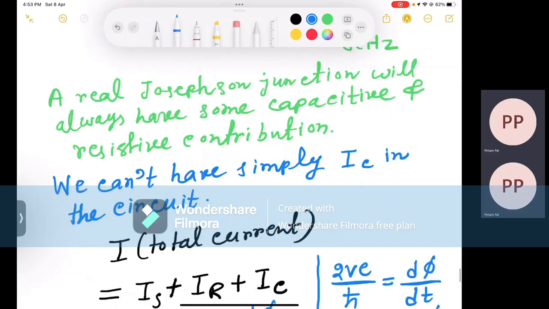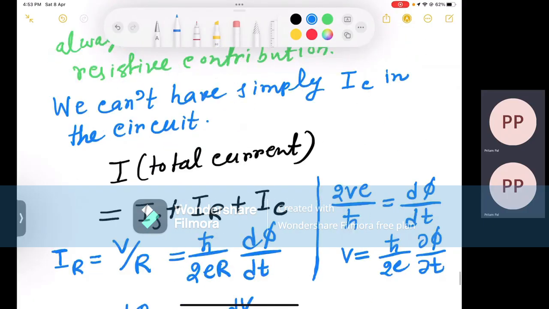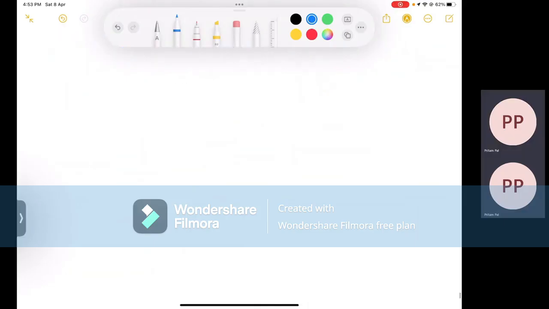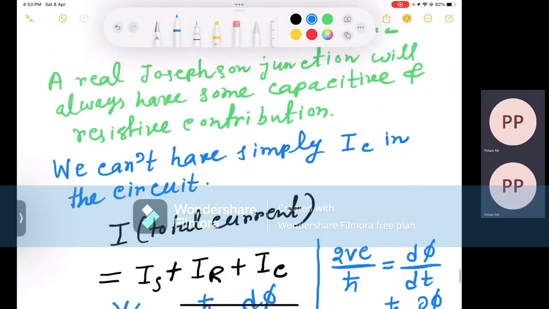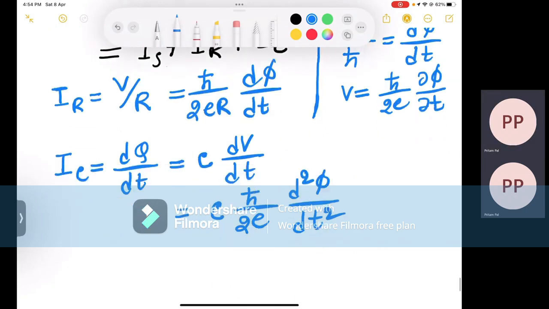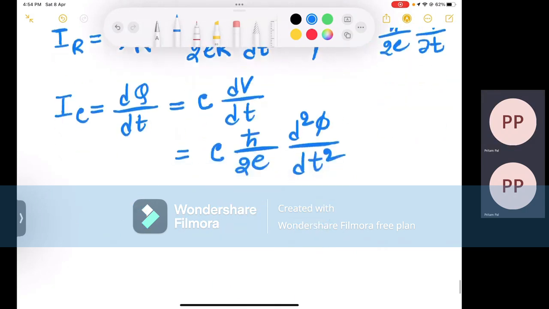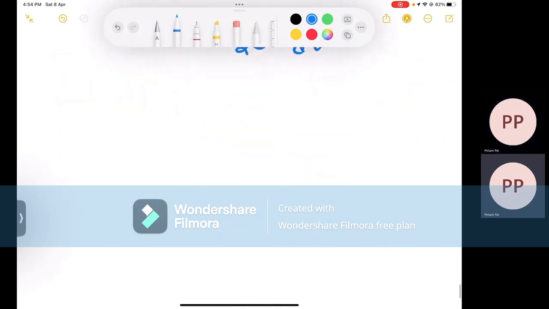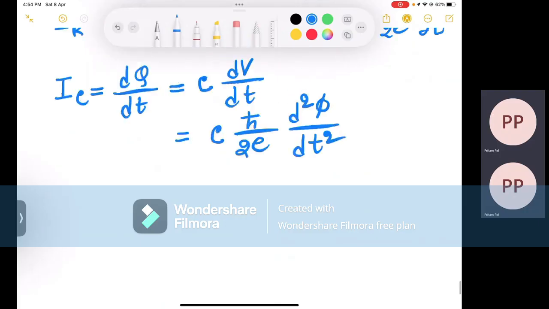As I mentioned, the real Josephson junction will always have some capacitance and resistive contribution. So that's why it is. This is it. Whatever I wanted to discuss with the Josephson junction, that was it. You can go through it once more, and you will be able to solve all the questions accordingly.